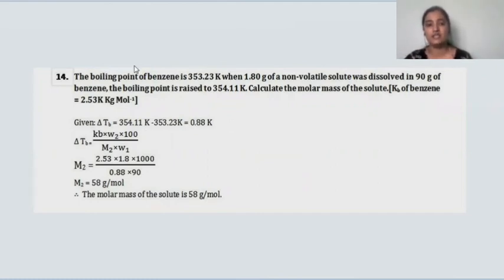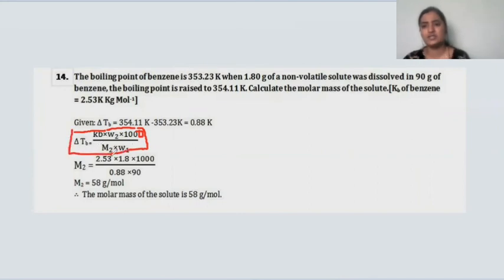If you consider the formula for elevation in boiling point, it is like this: delta TB is equal to Kb into W2 into 1000 divided by M2 into W1.